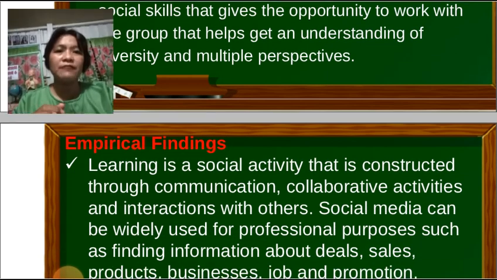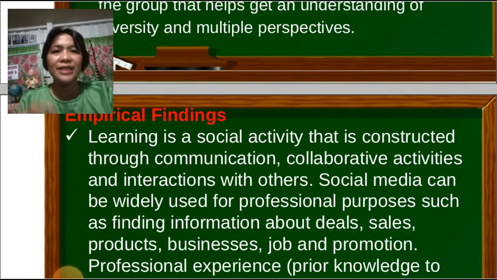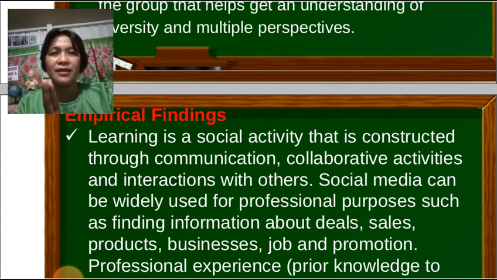Okay, empirical findings. So learning is a social activity that is constructed through communication. So that means that through communication, by collaborative effort of the teachers and the students, they can communicate with each other with the use of medium of instruction, with the use of computers, laptops, cell phones, and technology that they can use. The learning and interaction of the students are always in a better place.